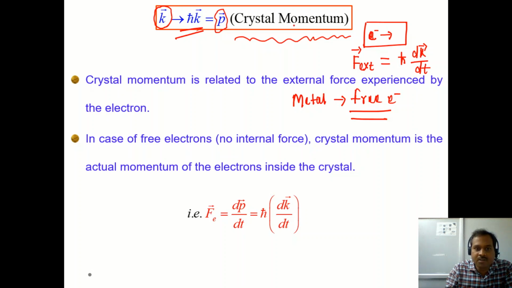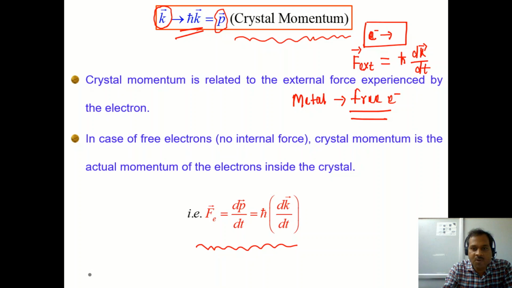But in general, for semiconductors or insulators, the crystal momentum is not the actual momentum of the electron; rather the rate of change of the crystal momentum is equal to the external force applied on the electron. So we can write this relation Fe is equal to dP by dt, which is equal to h cross dk by dt. Once again I repeat, this momentum is equal to the actual momentum of the electron only for free electrons. In general, it is not the momentum of the electron.